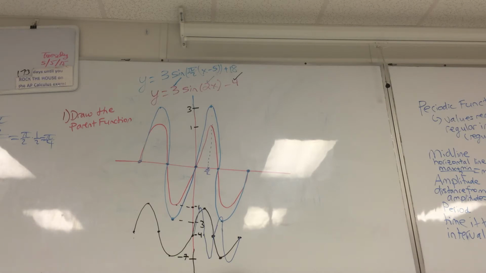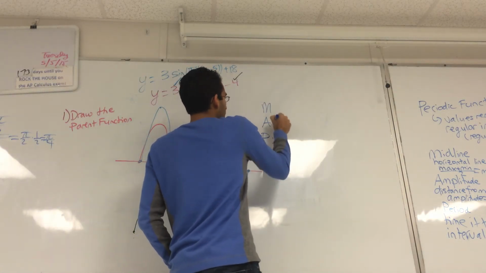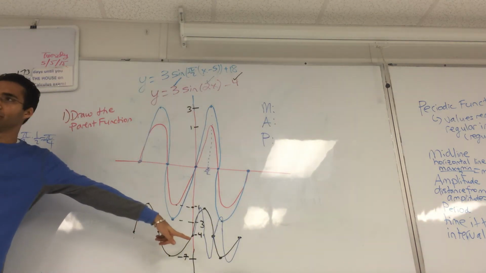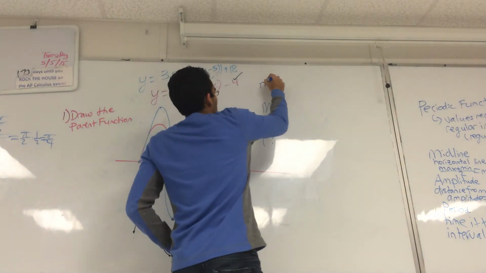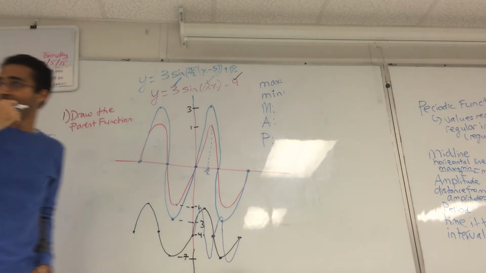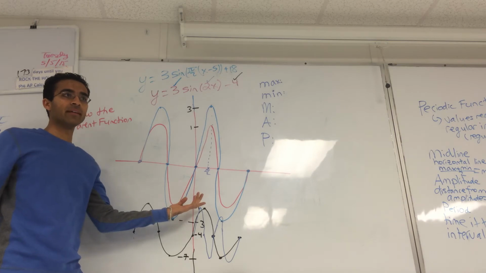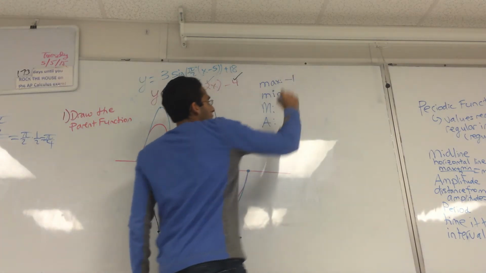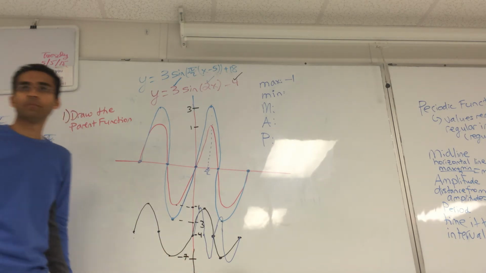Now let's do some analysis of this graph. Let's ask of this blue graph, midline, amplitude, period. Of the blue graph, dark blue, because we don't care about any of the other ones. Only dark blue. Max and min. So the maximum of the dark blue graph, -1. The minimum of the dark blue graph, -7.